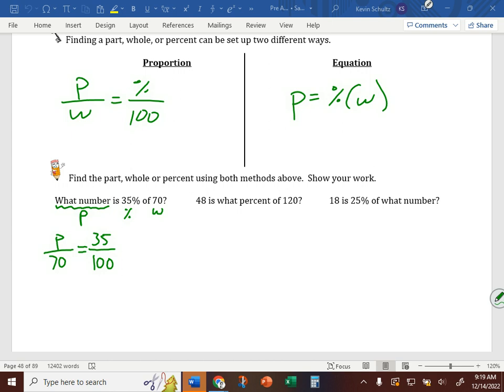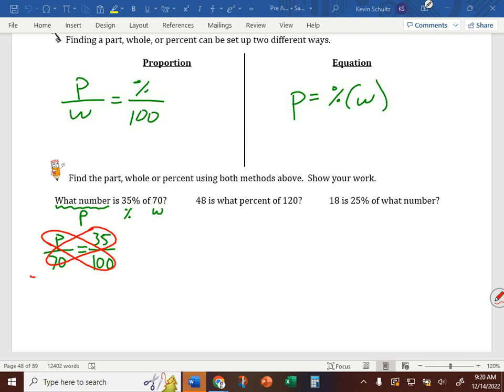Do we multiply the 35 and the 70, and divide by 100? What method is that? Cross products, right? Really, we say divide by 100, but we're multiplying twice.